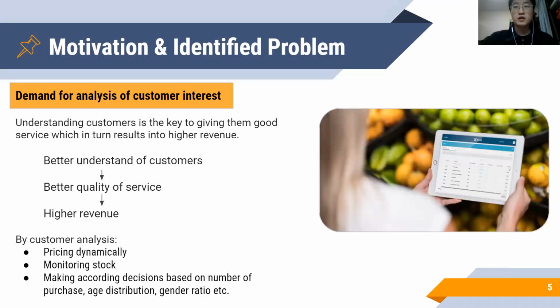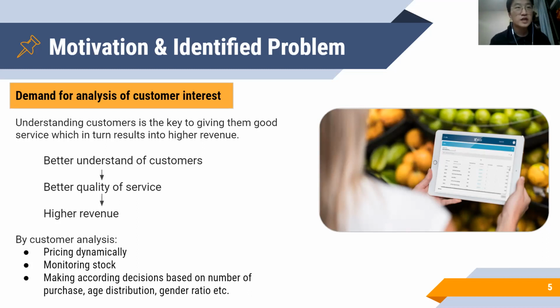The third problem is the growing demand for analysis of customer interest. We know that understanding customers is the key to giving them good service, which in return results in higher revenue. So better understanding of customers means better quality of service, which directly leads to higher revenue.